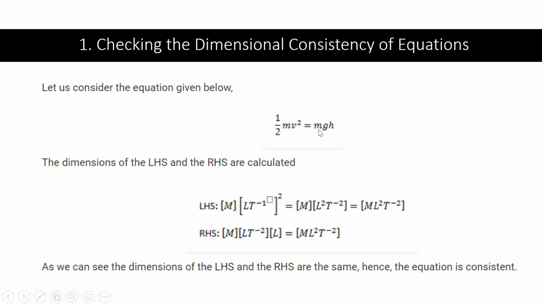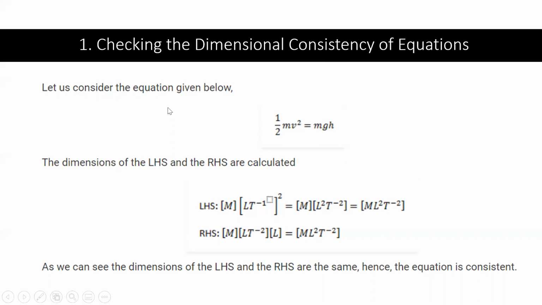And if they are same, the equation is said to be dimensionally consistent. If an equation is not dimensionally consistent, it is wrong. So you can confirm that an equation is wrong if it is not dimensionally consistent. If an equation is dimensionally consistent, there is a possibility that the equation is correct.